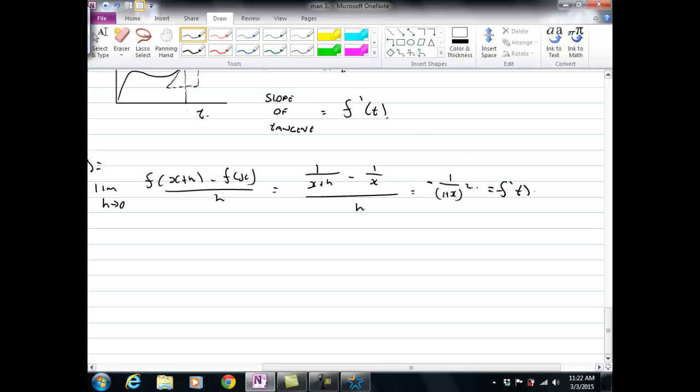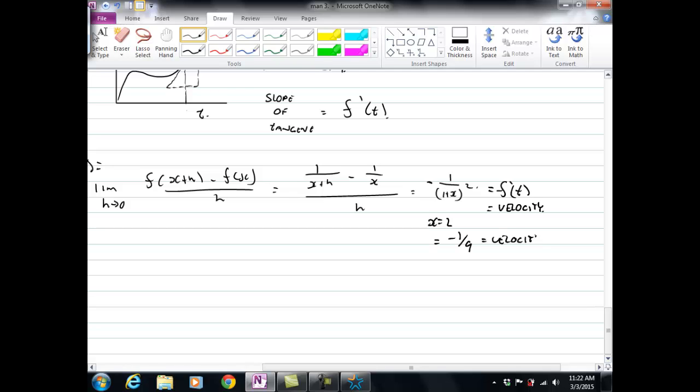Which is also known as the equation for velocity. So when you see physicists say f prime of t, what they're really talking about is the velocity of a particle. Plug it in for x equals 2, and you should have negative 1/9. That's your velocity.